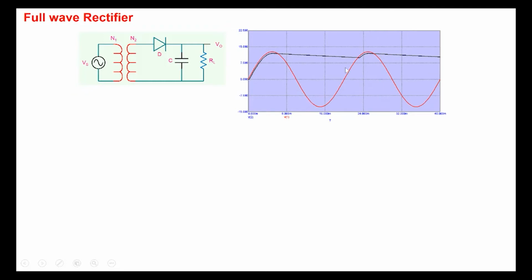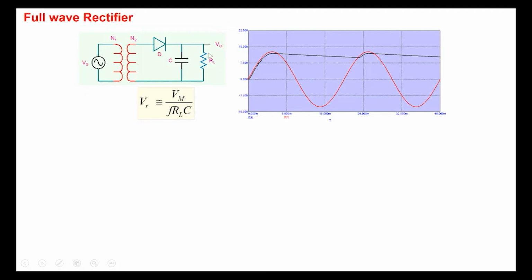So this is the input sinusoid and this is the output that we obtain. And we saw that there is a ripple in the output, and the magnitude of the ripple can be expressed as VR equal to Vm divided by f RL C, where f is the frequency of the input sinusoid.